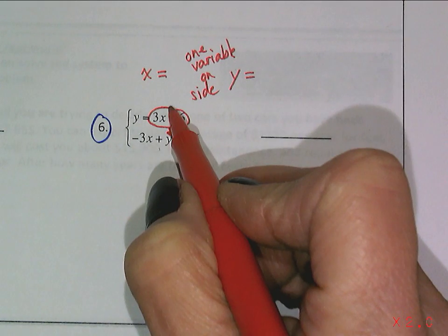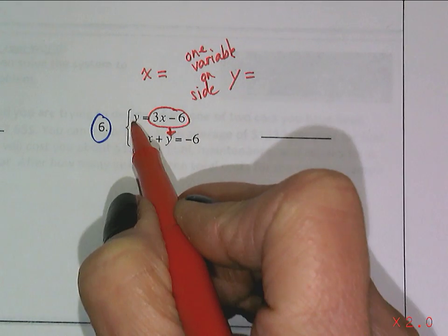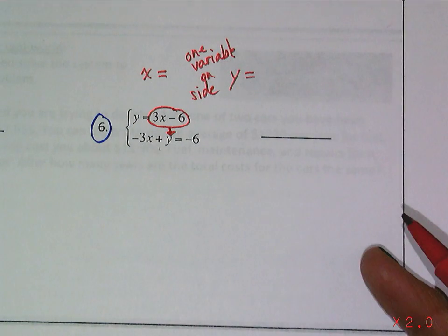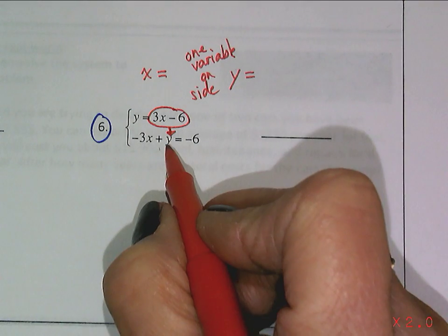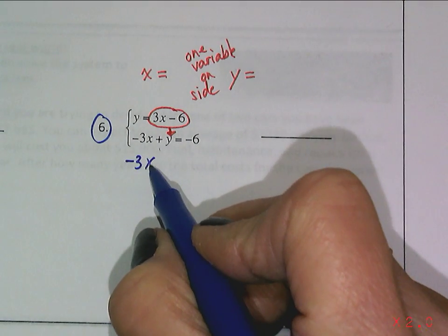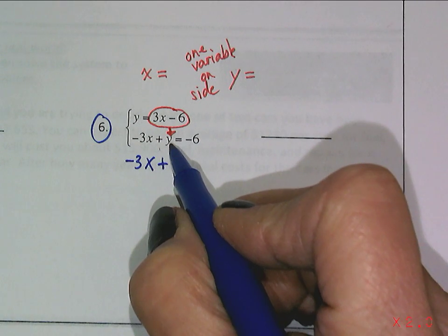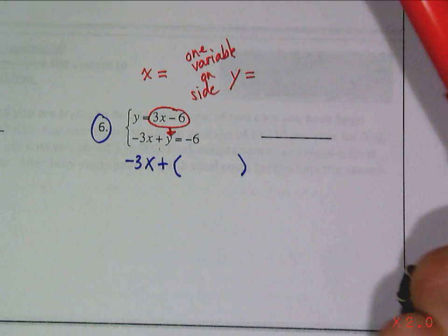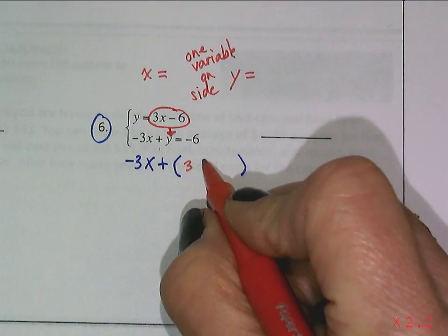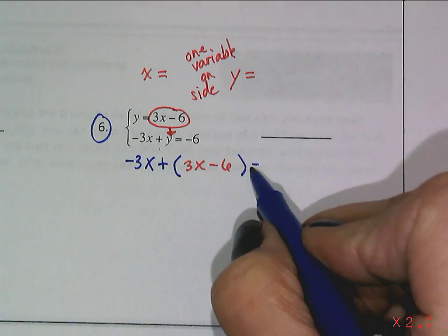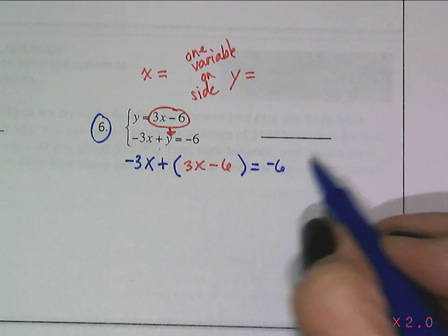So if this 3x minus 6 is what y equals, then that means it can go anywhere I see a y in the system. So I'm going to take the second equation, negative 3x plus y, but I'm not going to write y. In place of y, I'm substituting 3x minus 6. And then I'm going to write the rest of the equation equals negative 6.